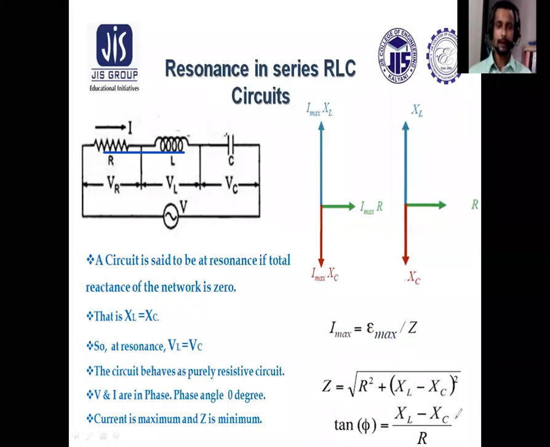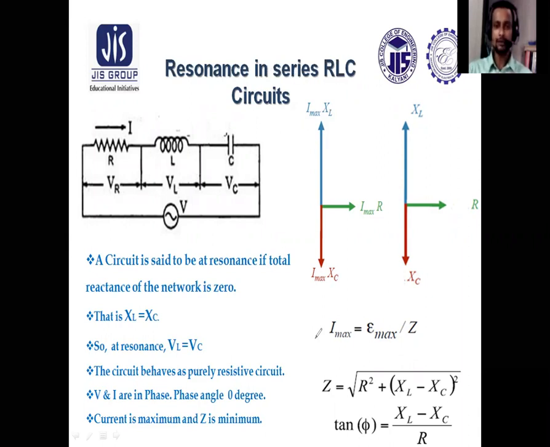Now see, here comes the concept of resonance. As I said, once we understand the basic concept of the series RLC circuit, how current and voltage are related, and the phase angle between voltage and current for purely resistive, purely inductive and purely capacitive circuits, it is much easier for us to study this resonance part. So what is resonance?